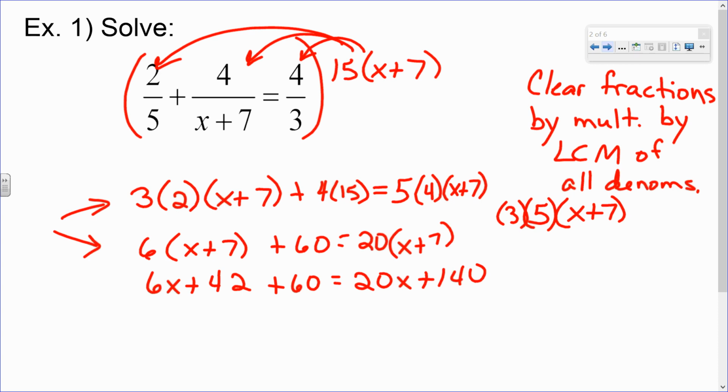And looks like we're starting to reach a consensus of negative 19/7.